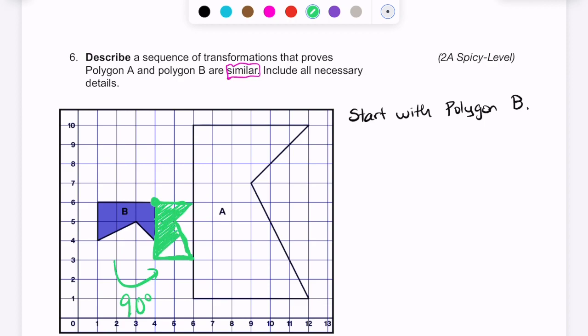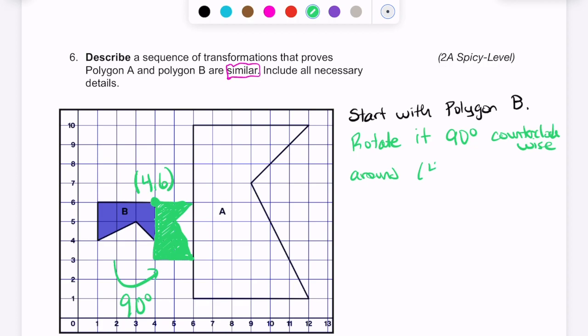So this is 90 degrees counterclockwise around this point, and this point right here is (4, 6). Okay, so I have to give all that detail. Rotate polygon B 90 degrees counterclockwise around (4, 6). That's my center of rotation.